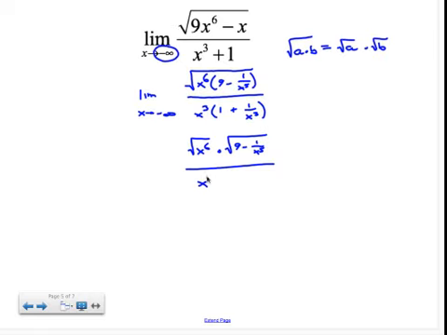The denominator is still x cubed times 1 plus 1 over x cubed. And I'm taking the limit as x goes to negative infinity still. Okay, now we also need to be very careful about how we handle this expression right here.